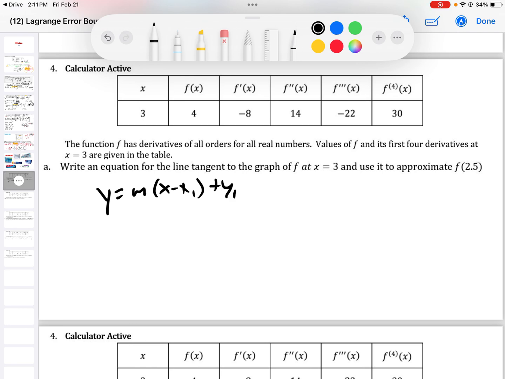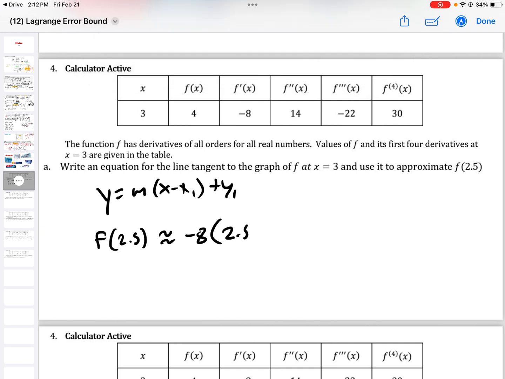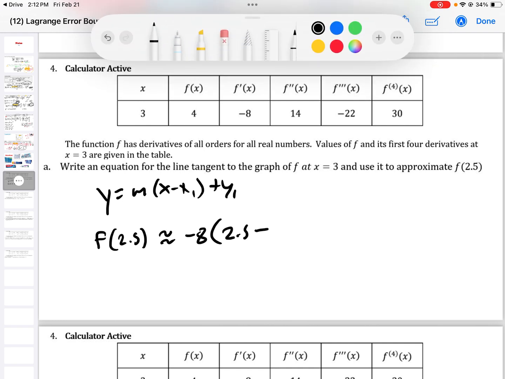This is a first order Taylor polynomial that we've been doing and we just didn't even know it. So I'm going to say f of 2.5 is approximately equal to the first derivative, so would that be negative 8, times the x number, 2.5, minus the point of tangency.